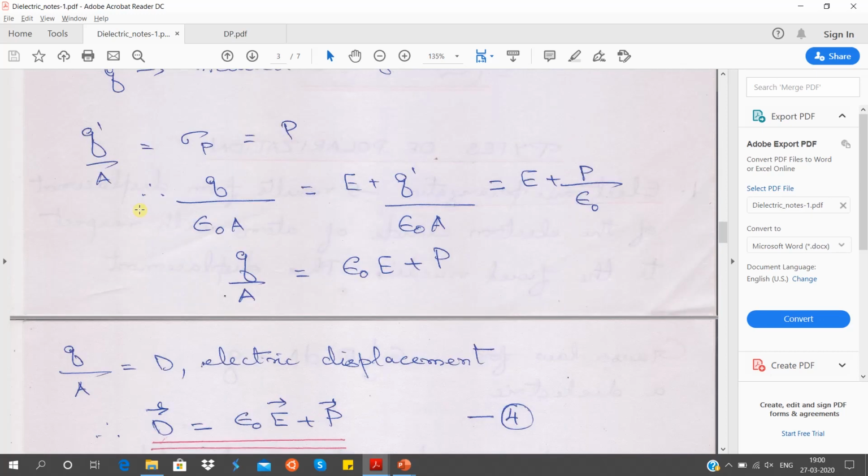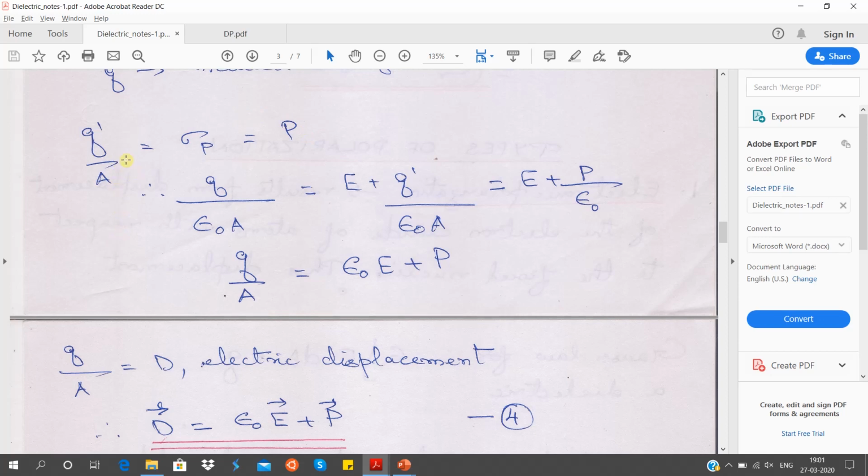So exactly similar to how we had Q prime by A as sigma P, which was found to be equal to the polarization P. Q prime by A was a surface charge density, and when you estimated the polarization, there was a net dipole moment per unit volume. That was for induced charges.